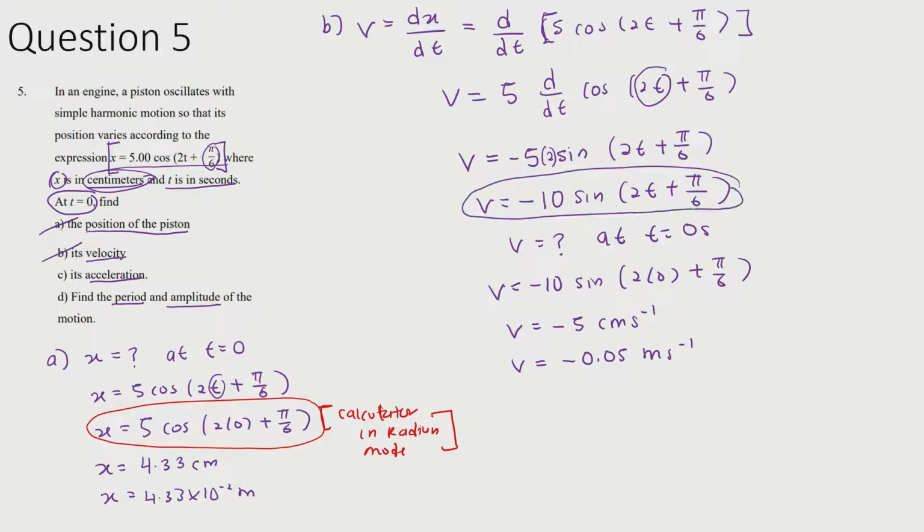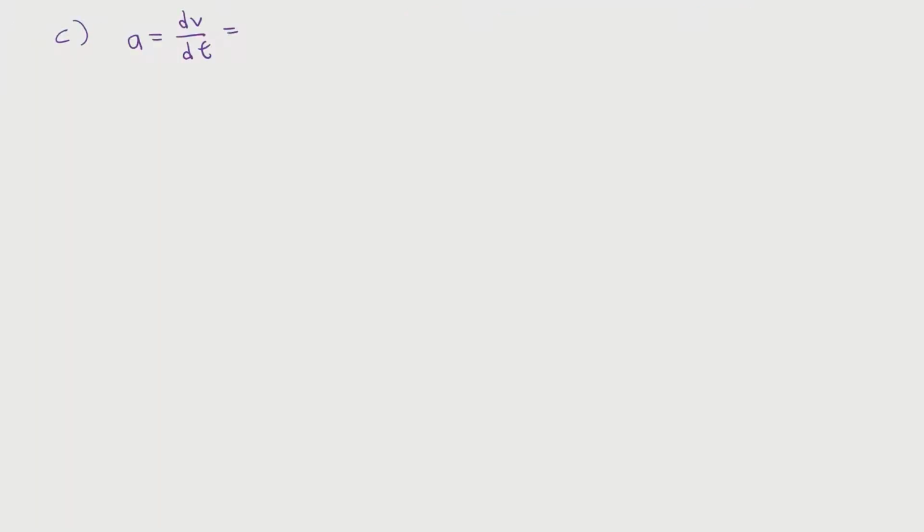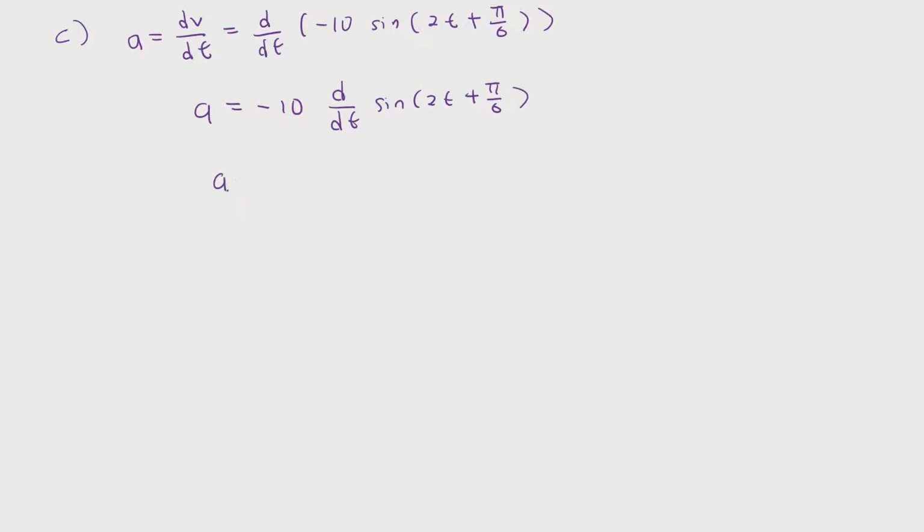So we substitute v with this expression, which we get d over dt of negative 10 sin(2t + pi/6). Now, like I say, we bring the negative 10 to the front because we cannot differentiate it with respect to time, but we can differentiate sin(2t + pi/6) with respect to time.